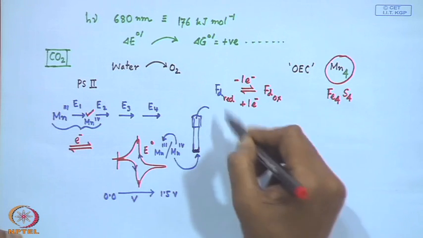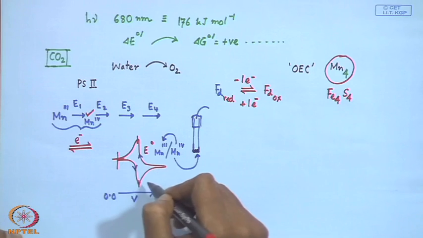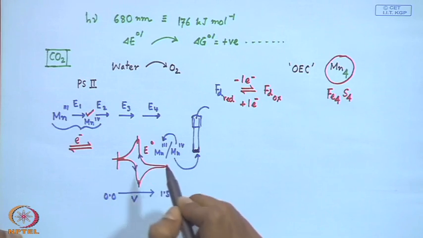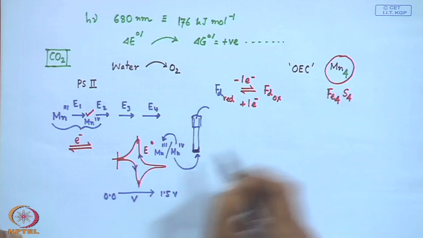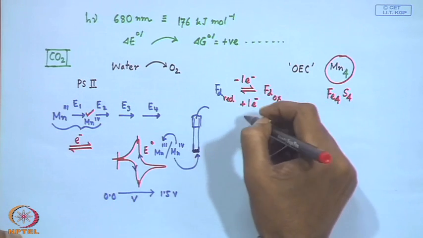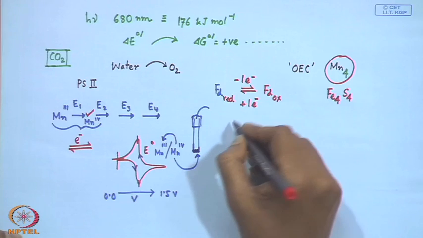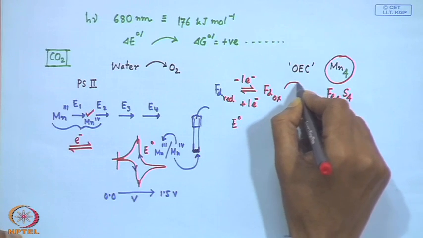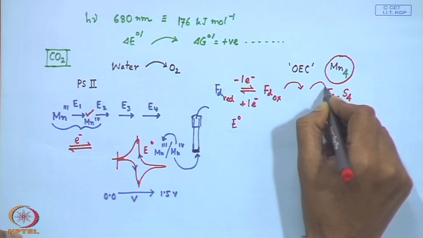You will just break the structure. You can force it, because this is electrochemical oxidation, with the help of electrodes you are forcing that oxidation, but biological reducing agents and oxidizing agents are available. It will not provide you sufficient E0 value for this second step or for the third step.